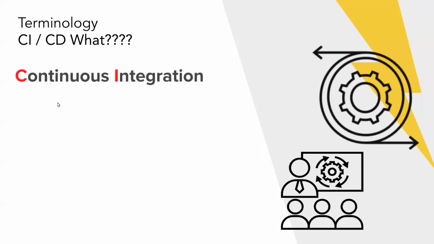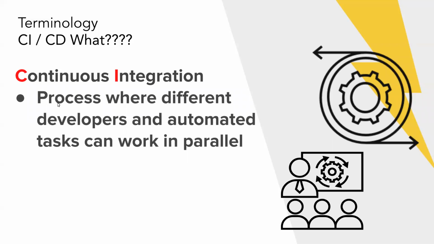So for terminologies, what is CI and CD? Continuous integration is defined as a process where different developers and the automated tasks can work in parallel. So you have a team of people that works together. You could be able to work on each task or a bug without affecting the others' work.